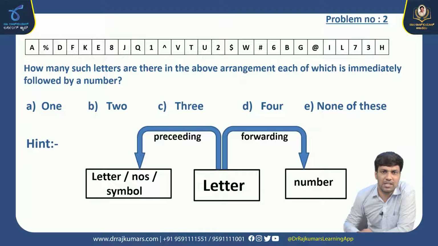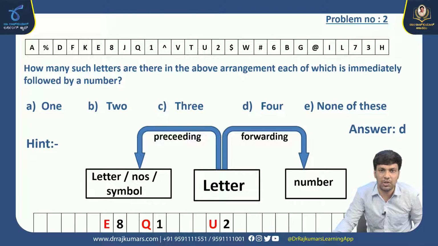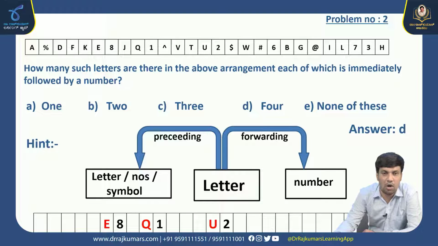Here in the preceding condition we may have letter, number or symbol, but strictly in the following condition we should have a number. On searching the above tabulation, we have the following letters meeting the requirement, that is E8, Q1, U2 and L7. In these four letters we have a number in the following position. So the right option for this question is option D.